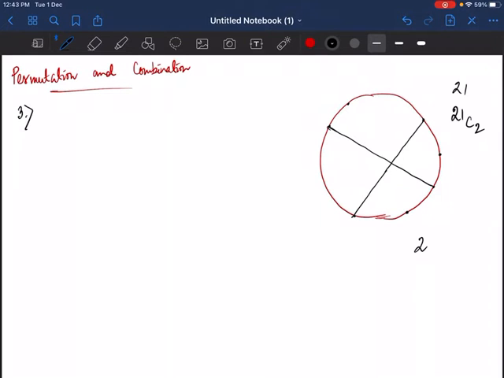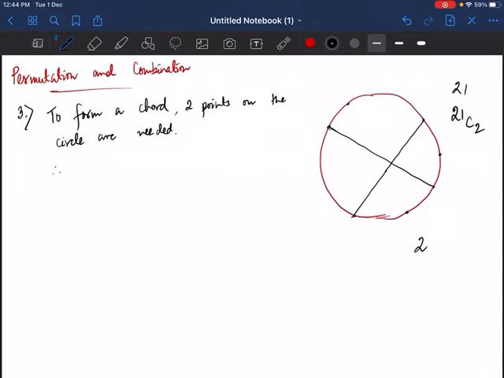So here the answer will be, first you write: to form a chord, 2 points on the circle are needed.